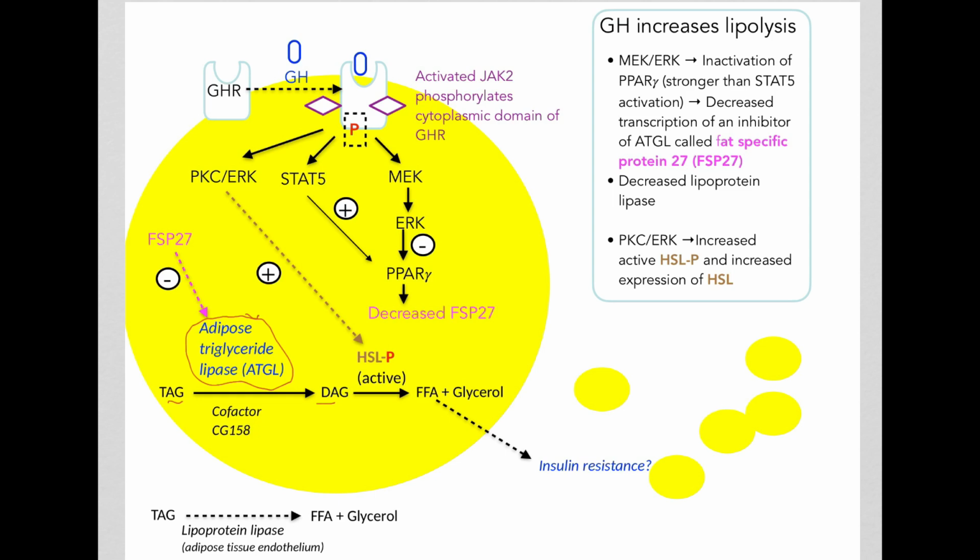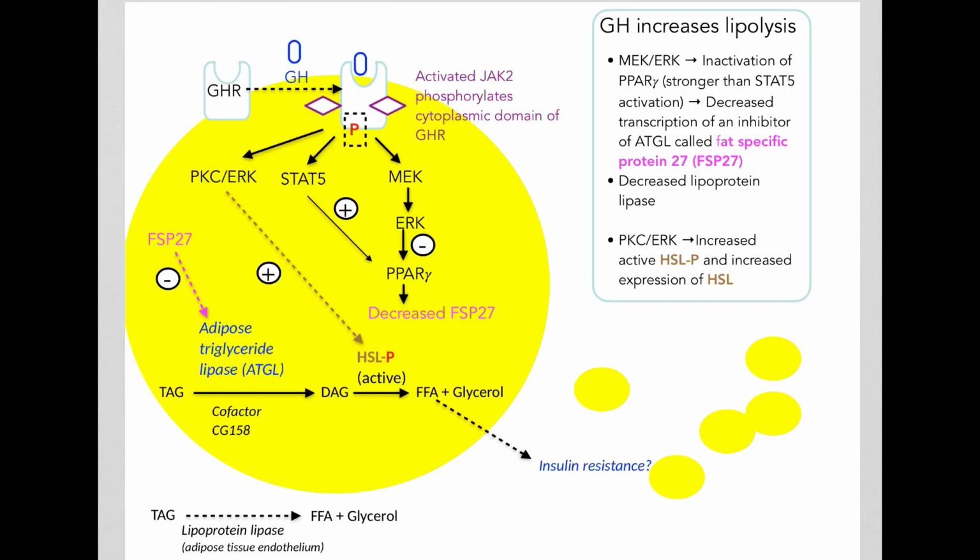And what seems to be happening is growth hormone through the MEK-ERK pathway causes the inactivation of this protein PPAR gamma, and that leads to a decrease in the production of fat-specific protein 27 or FSP27. Now, FSP27 is a very strong inhibitor of ATGL. So without this protein, ATGL activity is not inhibited, and that increases lipolysis.